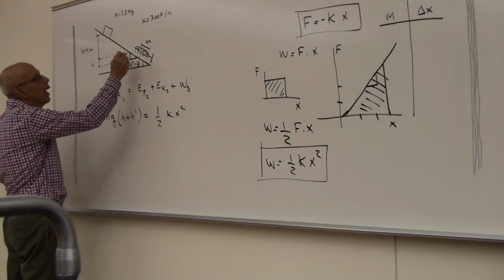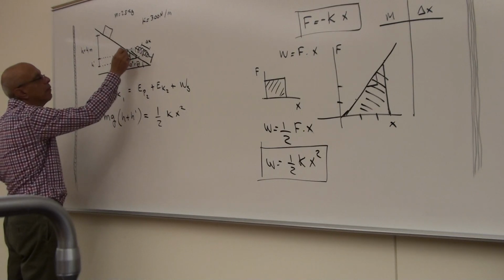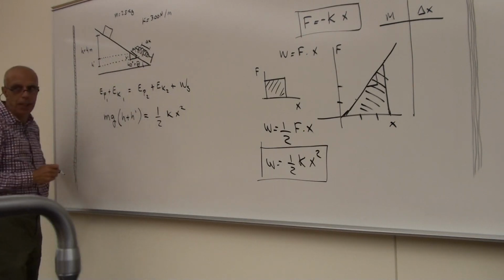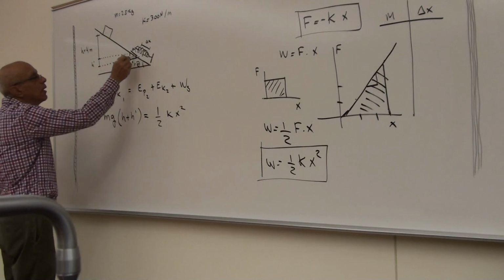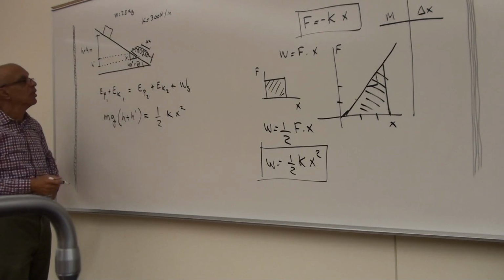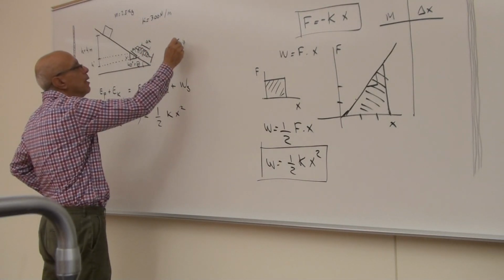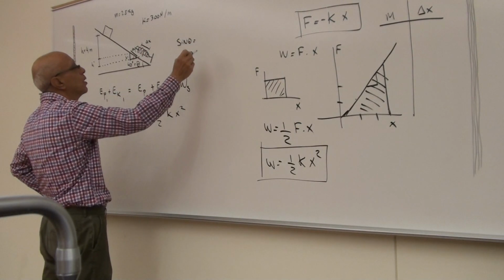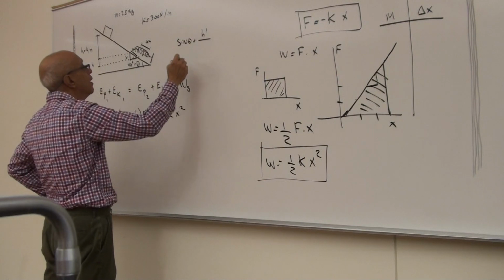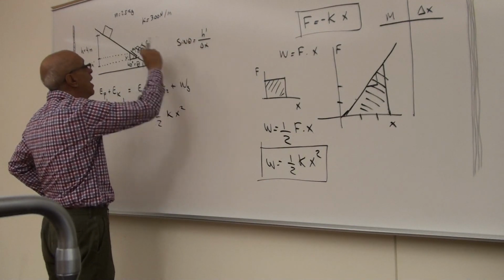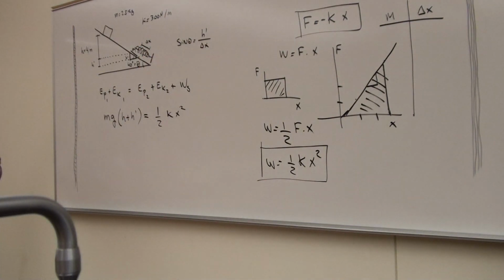This is h prime, and this here is my delta x, my x that I want to calculate. And this angle here is 40 degrees. So I can relate that trigonometrically: the sine of theta is going to be h prime divided by the delta x that I want to calculate. Okay? Is that good?